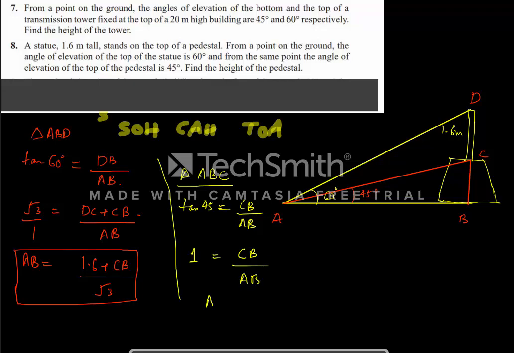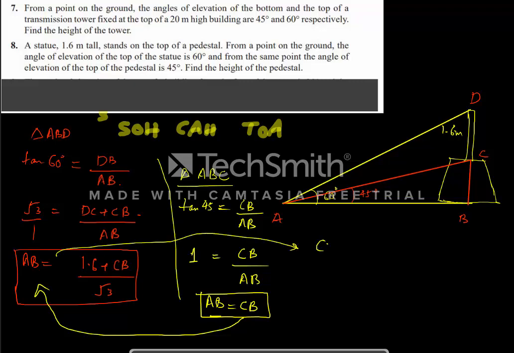Or you can say AB is equal to CB. So we can plug in the value of AB as CB in this equation. So this equation will become CB equals 1.6 plus CB divided by root 3.